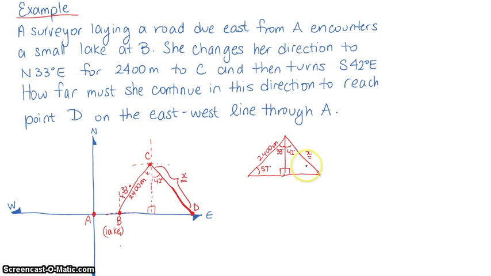Now we want to solve for x on this side here. And let's label this. This is our B, C, D. So we want CD, and we're going to have to work with triangle, let's call this point E, BCE first to solve something that is shared between the two triangles, which is the side here, CE.